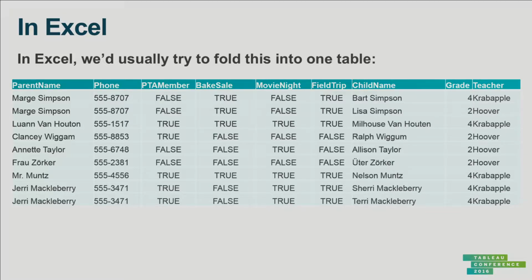And I'd end up with a table like this. Right? So I have the parent name. Here's Marge Simpson and her number and all of that information about her, and then her child, Bart, and his information. And we just put those together. That's perfect. And, well, wait, here's Marge again, and here's her phone number again, and all the same information, and then Lisa. OK?